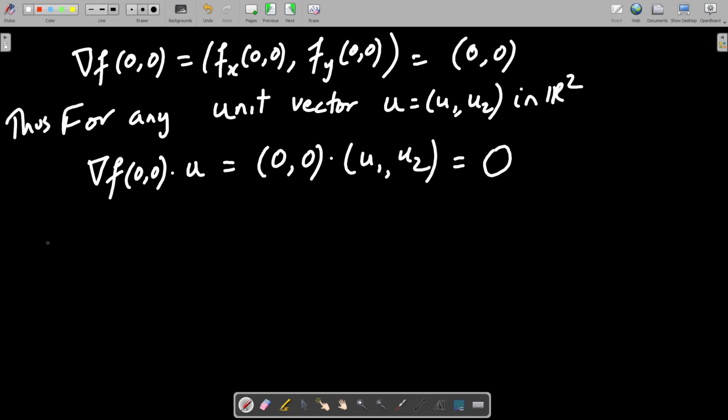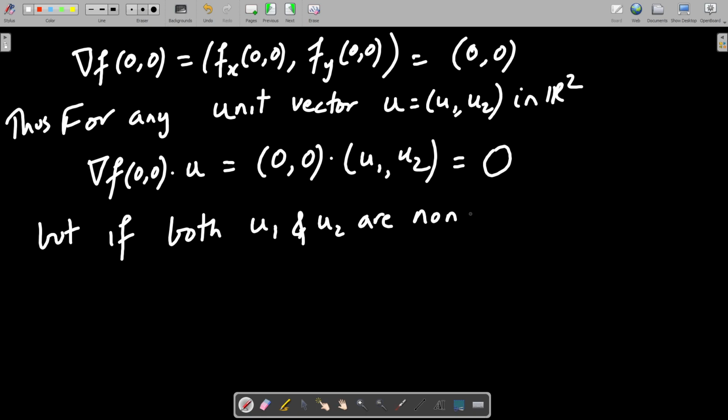But if both u1 and u2 are non-zero, then this D_u f at (0,0), the numerator will be non-zero, no?